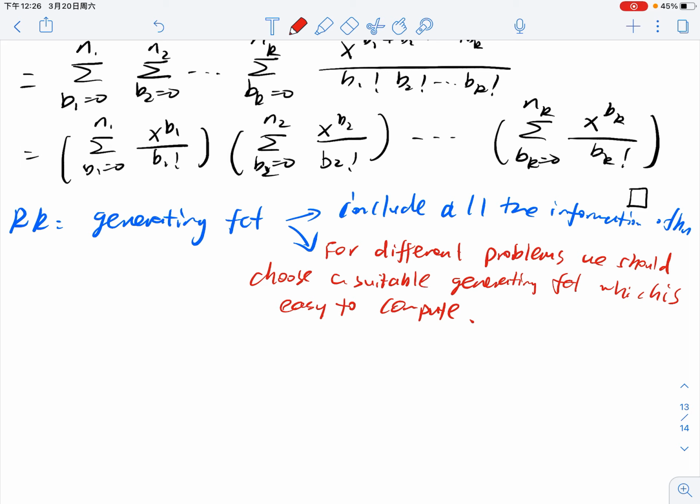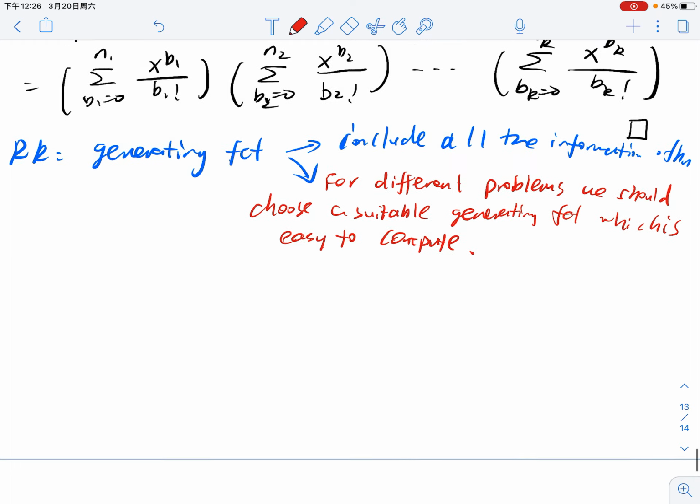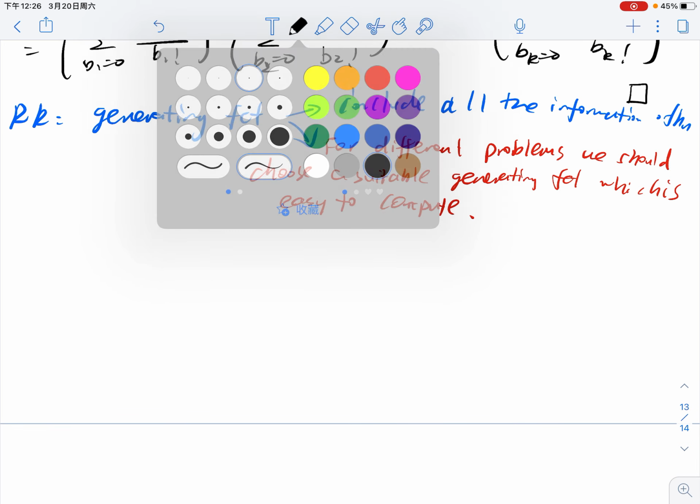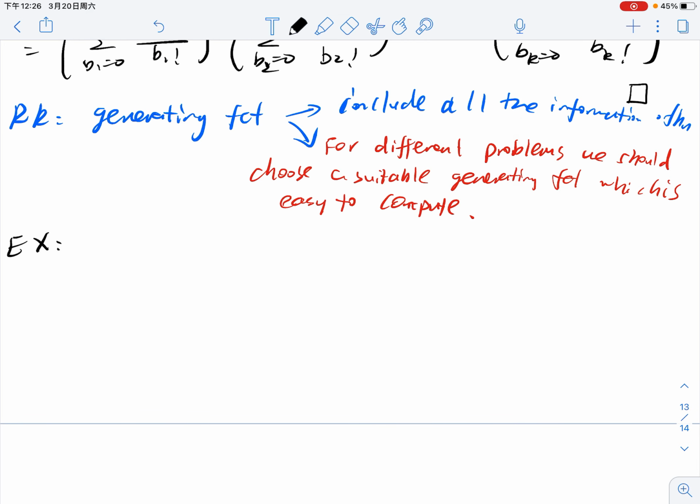That means it's better to have a closed formula instead of a messy one. Okay. Now let's look at the following example.